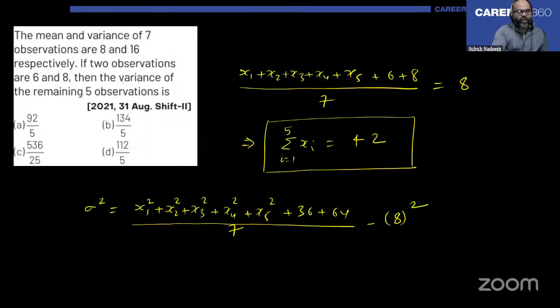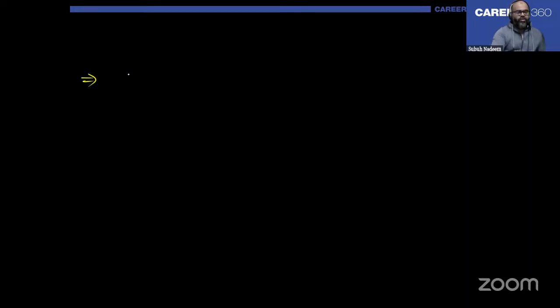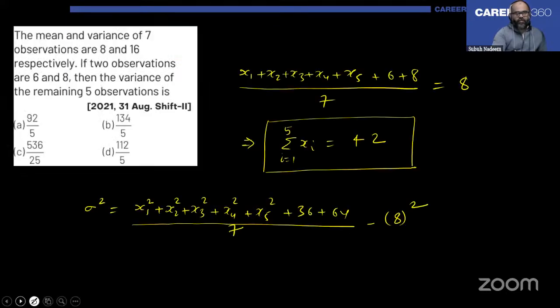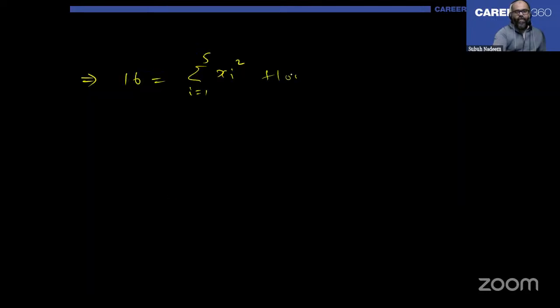So we get from here, and sigma square is given as 16 for the 7 observations. So 16 is equal to sigma of xi square, i equal to 1 to 5, plus 36 plus 64, which is 100, upon 7, minus 64.